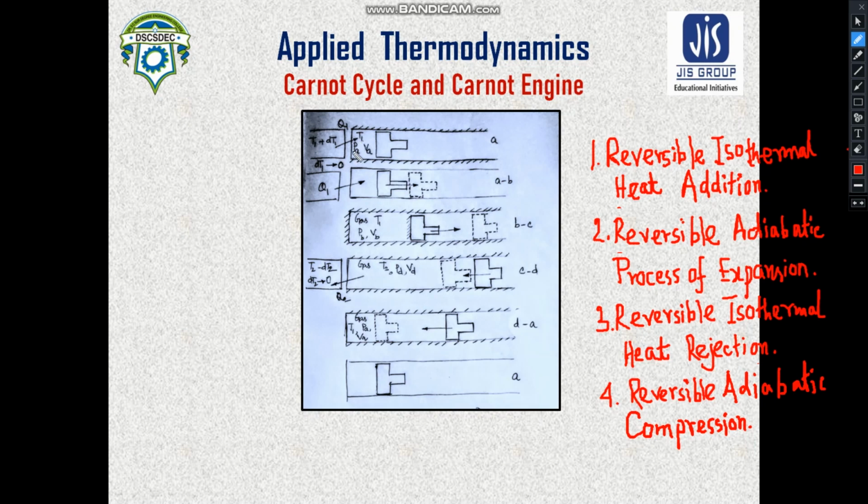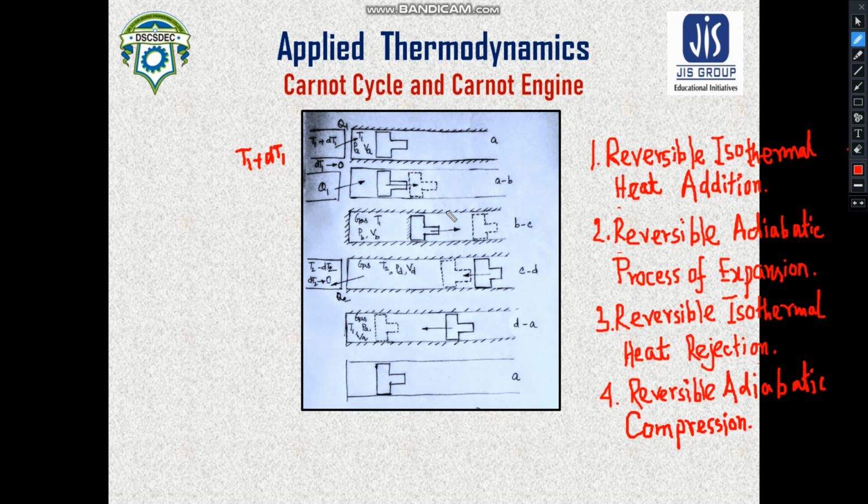This piston cylinder arrangement is now placed in contact with a reservoir which has a temperature of T1 plus dT1. This dT1 is the infinitely small temperature difference between these two. So this is your temperature gradient by virtue of which heat Q1 is getting transferred into the gas.